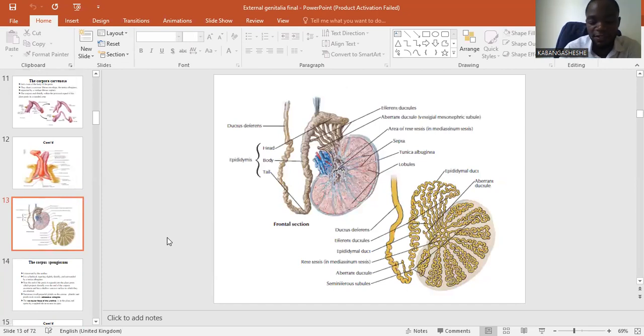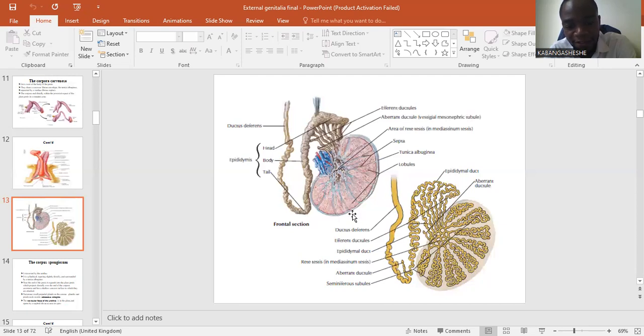So testis, we'll look at it in more detail when we start looking at internal organs of the reproductive system. But a quick and brief introduction is that we have two testes, left and right testes. Of the two, the left testis lies a bit inferior compared to the right testis.